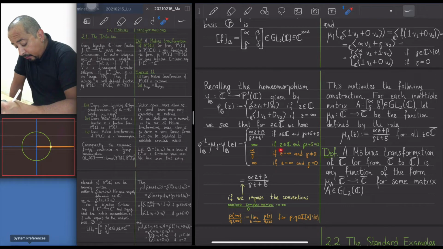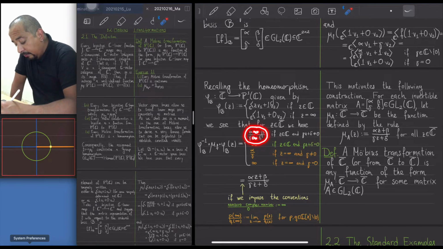Likewise, for z equal to infinity, what one can say is, okay, take this expression, and to investigate what the value at infinity should be, you just take the limit when the complex number z goes to infinity.